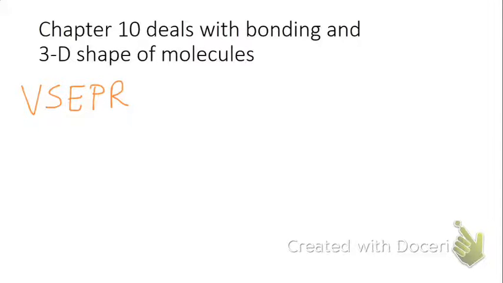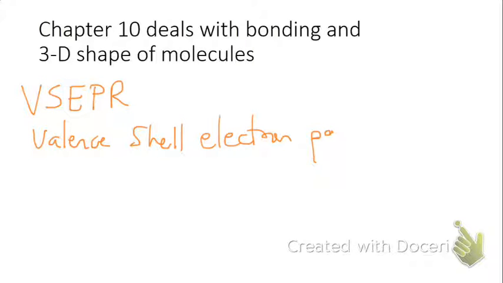So, I pronounce it "Vesper." It's technically VSEPR. It just stands for valence shell electron pair repulsion. And what the VSEPR model tells us is the shape in 3 dimensions.